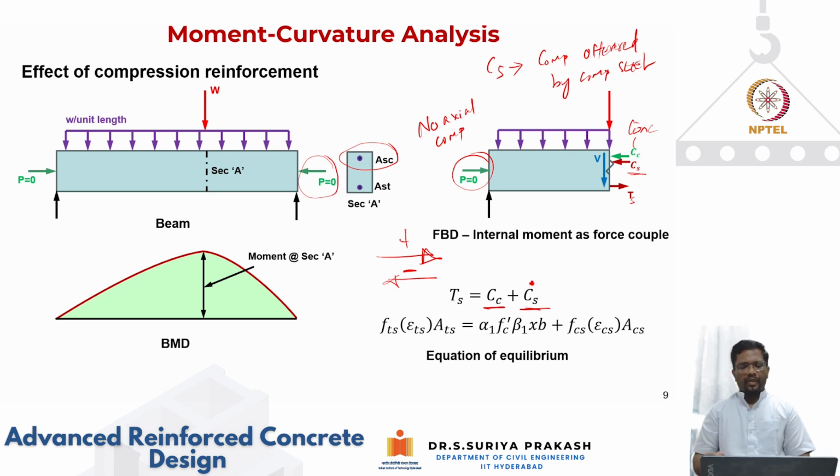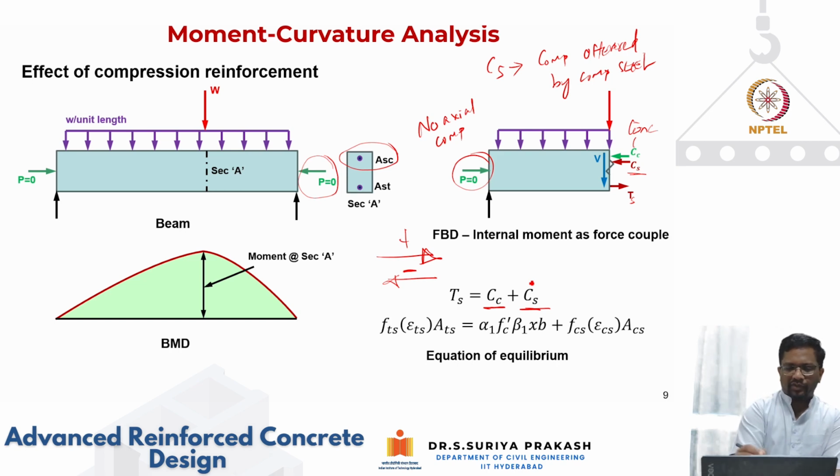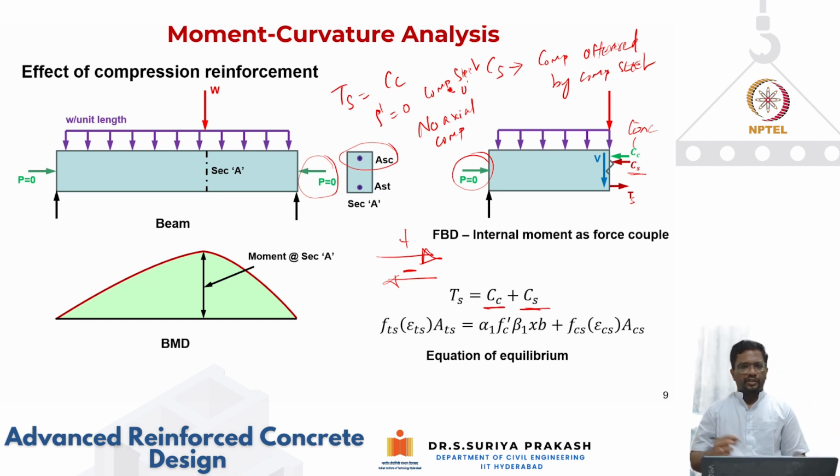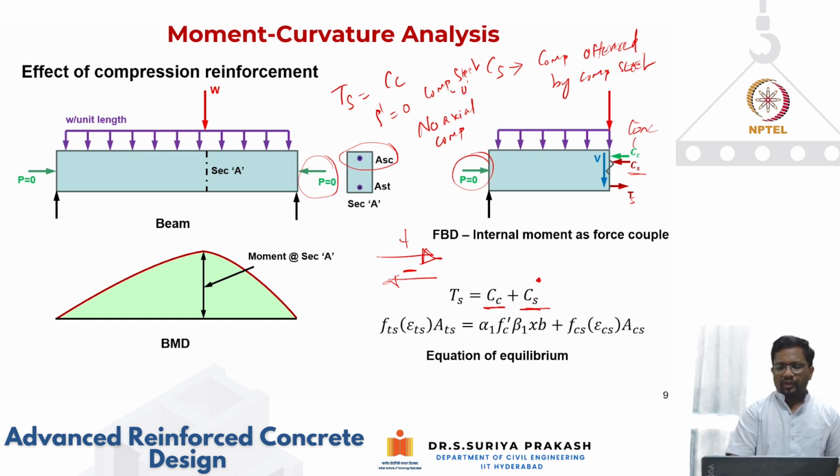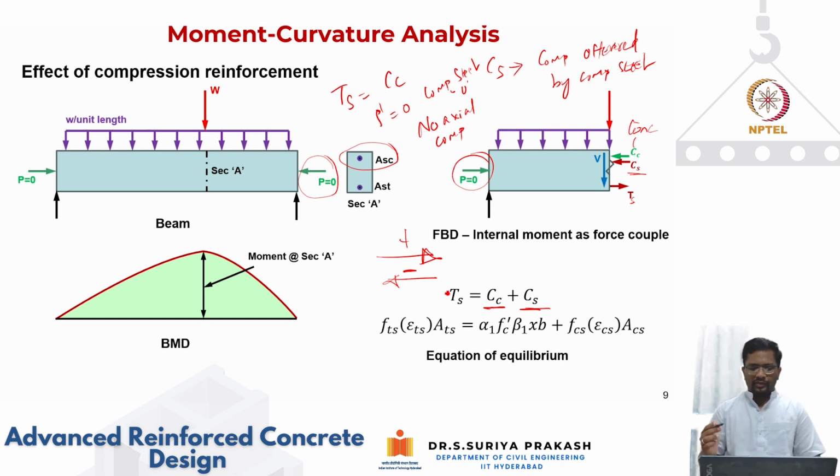When you don't have compression steel, when P is equal to 0, your horizontal force equilibrium is only TS equal to CC, when your rho prime was 0 or your compression steel was not there. Now that I have compression steel, that is going to help concrete in offering compression force resistance. So your equilibrium condition is TS equal to CC plus CS.